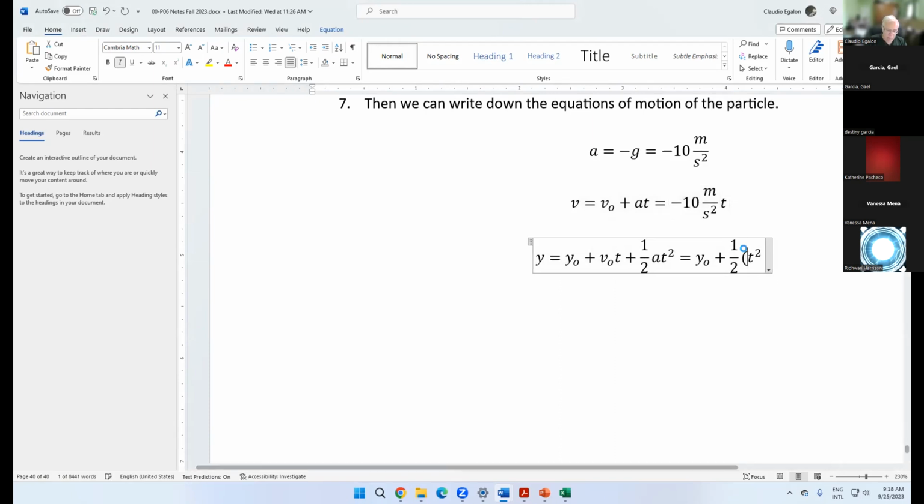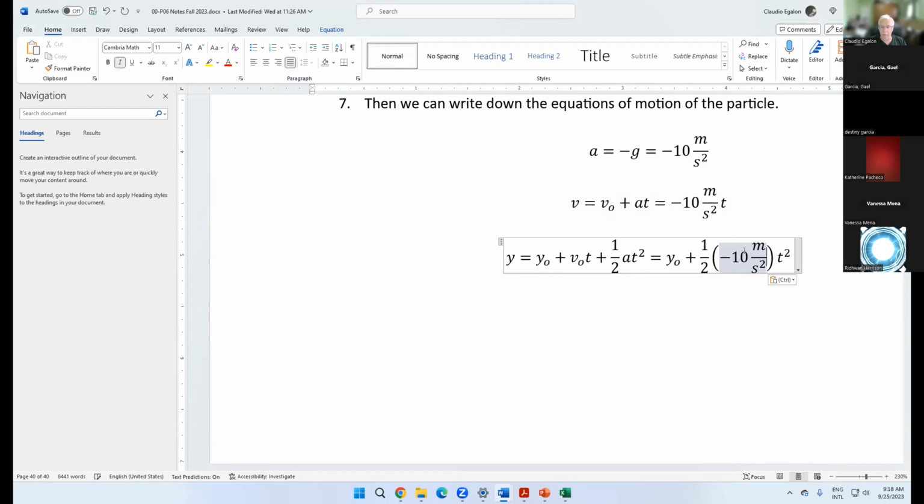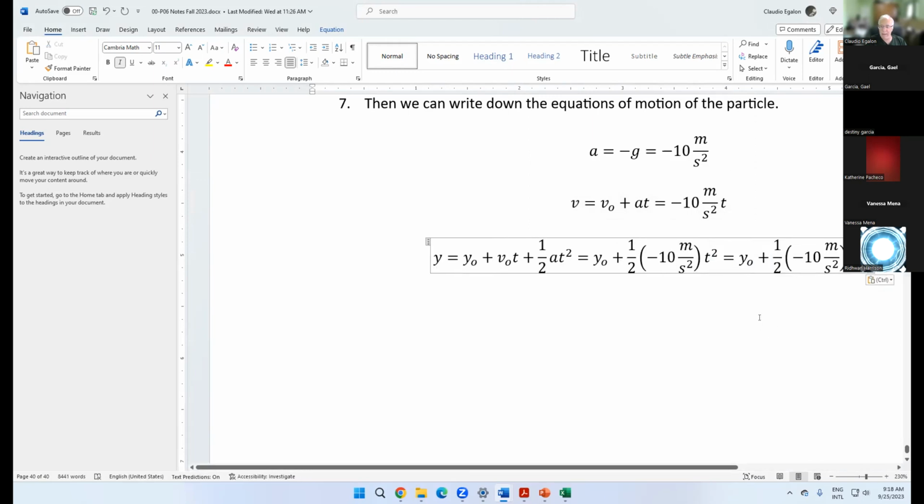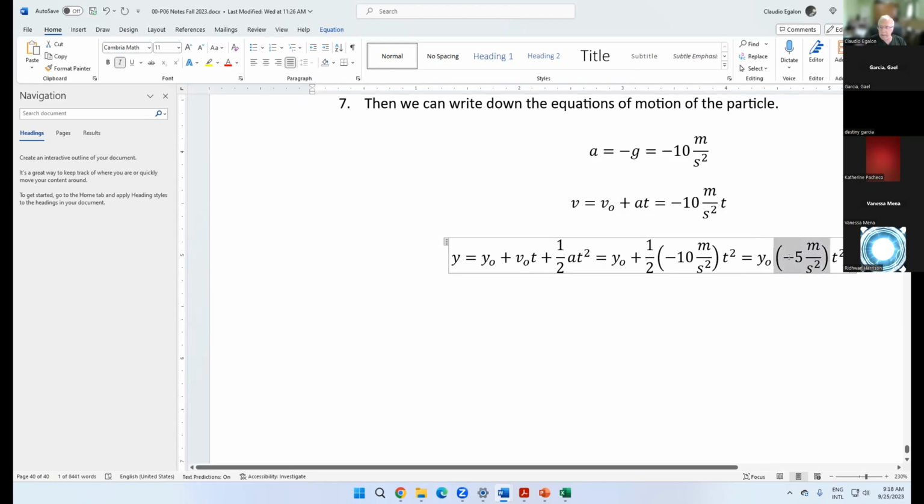I'm gonna put it between parentheses, right? And we end up getting minus 5 meters per second squared because we have this half here to cancel the 10.